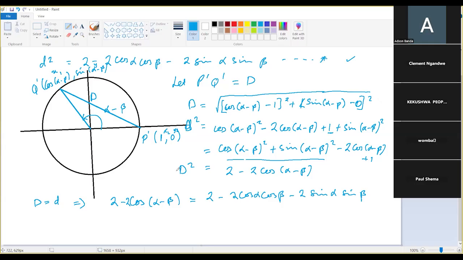Right, so then we can just try to simplify things. We see that the 2 will cancel out because it is there on both sides, and then we remain with only those.